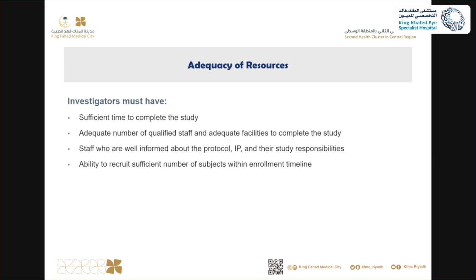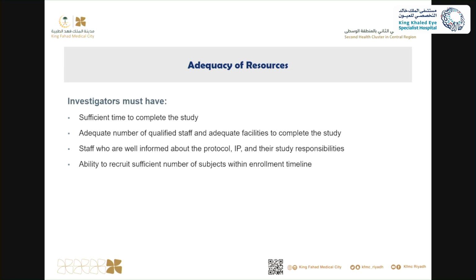Adequacy of resources. When we do a clinical trial, you are not working alone. You need to work with the laboratory. You need a research pharmacist. You need a nurse coordinator. You need medical imaging. These are a team. You need a sub-investigator who will support you, or a co-investigator to cover you during your sabbatical leave.